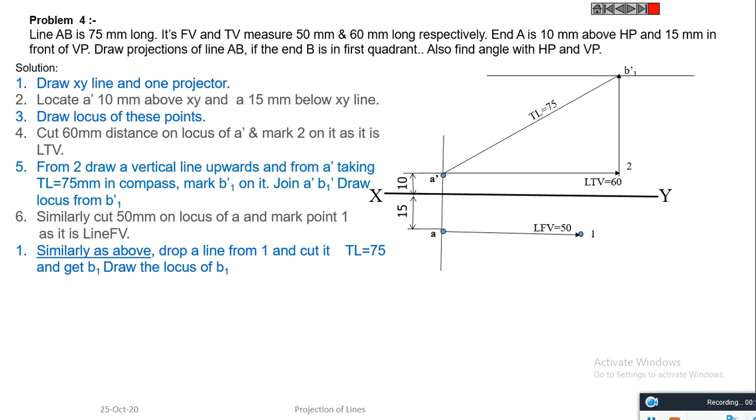Similarly, as done above, drop a line from 1 and cut a distance of 75 millimeter from A dash, from A to get the point B1. So this is the true length.